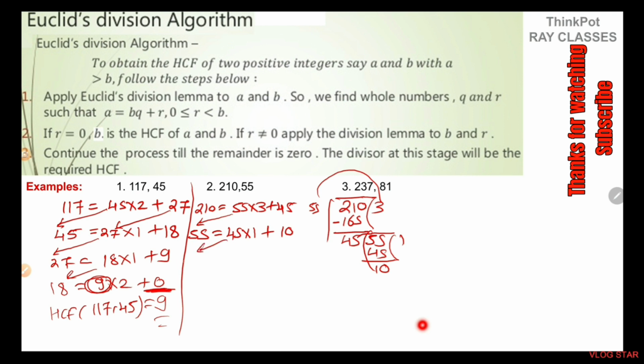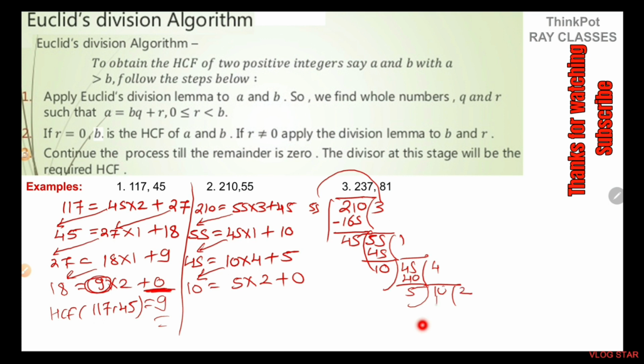So we can take 45 at this place. 45 is equal to, put 10 here. It will go 4 times, that is 40, and the remainder is 5. So we can say 45 equals 10 into 4 plus remainder 5. Then you can take 10 at this place. You have 10 equals 5 into 2 plus 0. That means 10 divided by 5 goes 2 times, and the remainder is 0.